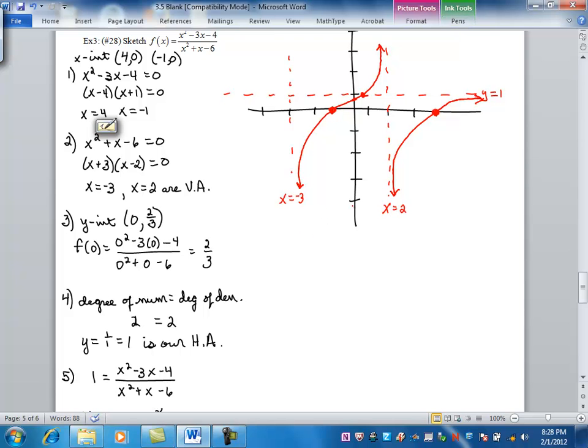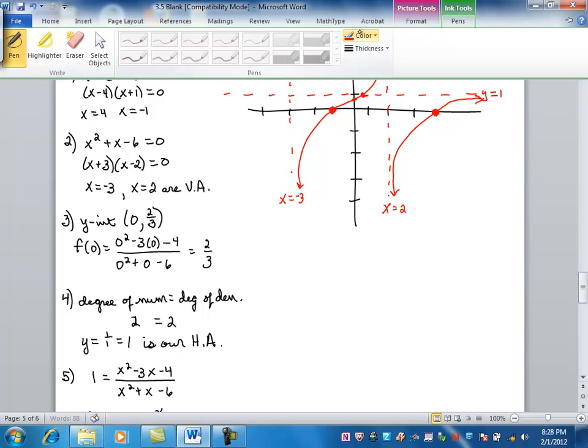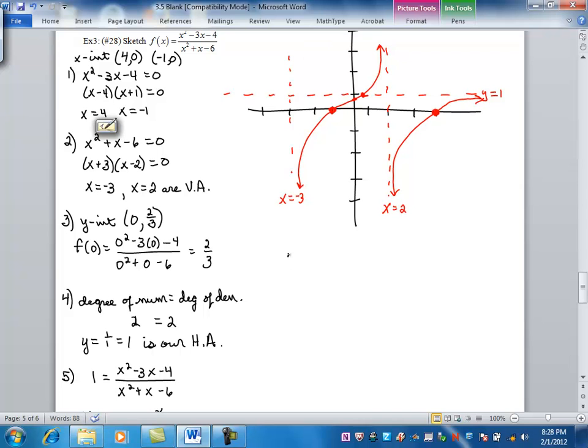Well, let's check this out here. This is actually 6 that we're looking at. I'm going to let x equal negative 4. And so what do I have here? f of negative 4 equals negative 4 squared minus 3 times negative 4 minus 4, over negative 4 squared plus negative 4 minus 6.